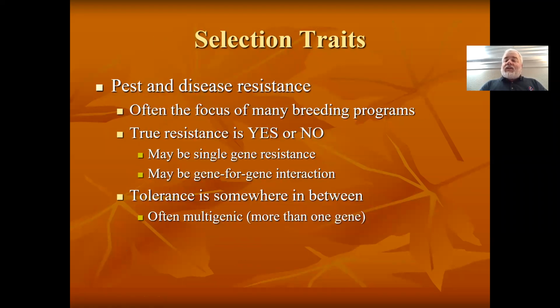All right. Selection traits. What are you going to choose? What are you going to select on? Well, I would say the bread and butter of most breeding programs is pest and disease resistance. You're trying to get things that are important to your main customer, which is the farmer.